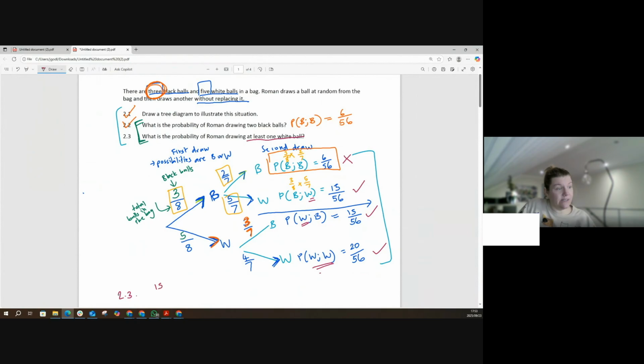So we're going to say 15 over 56 plus 15 over 56 plus 20 over 56. And that is going to give us 50 over 56. So that would be the probability of drawing at least 1 white ball.